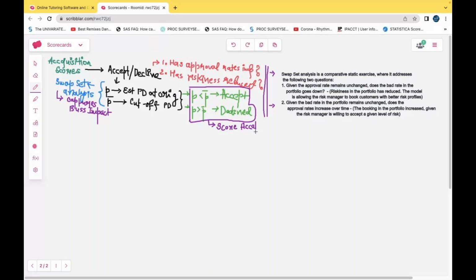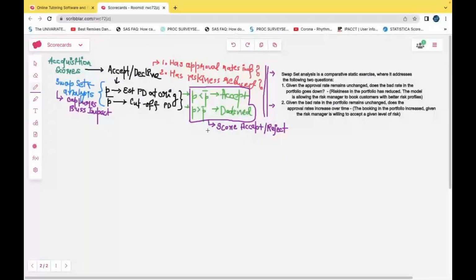Over here this accept reject decision is done through scores.